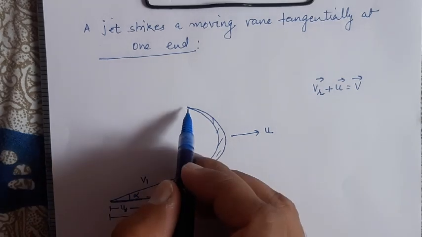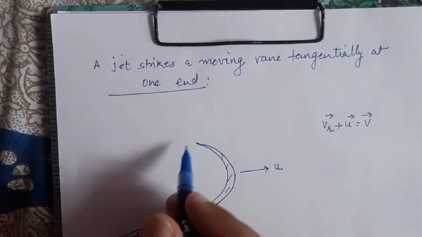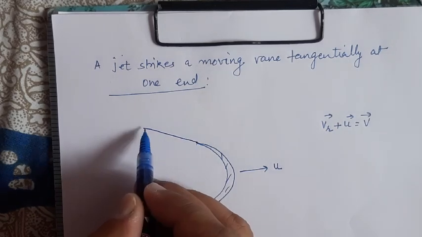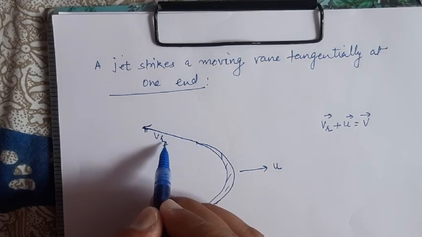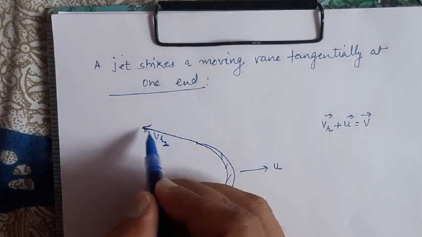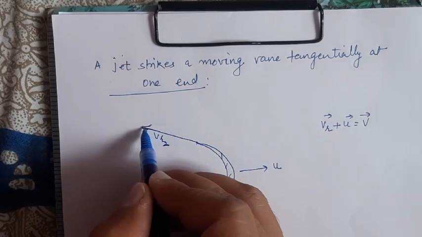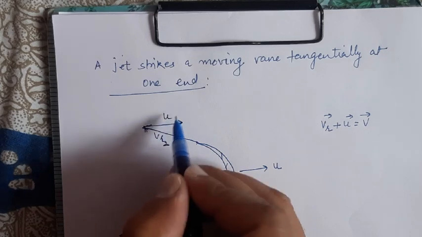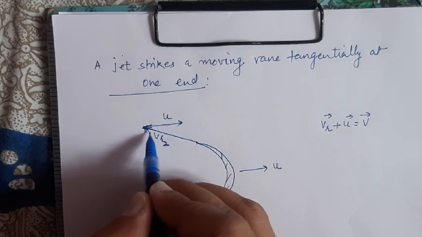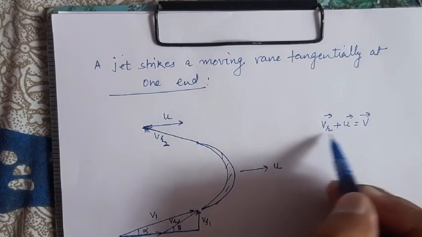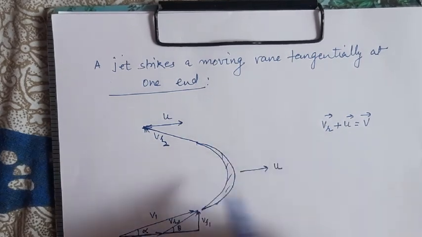Same thing I did for the exit. Likewise, the jet would be leaving with some relative velocity Vr2. Now, I have to add this u to Vr2. For that, the tail of u has been added with the head of Vr2 for this vector addition.